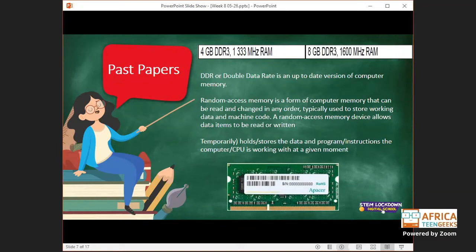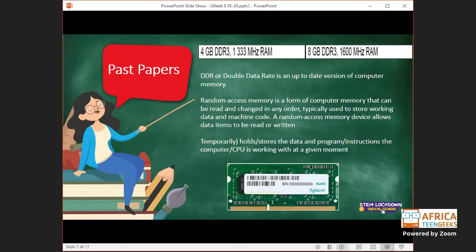Okay, so a RAM would help a lot, but it's temporary. So that just holds the data and the program instructions of the computer while the CPU is working with it. Okay, so the 4 gigabyte is the size, and that's the size it can process. And the 8 gigabyte is the size as well. So 8 gigabyte would be better than the 4 gigabyte.